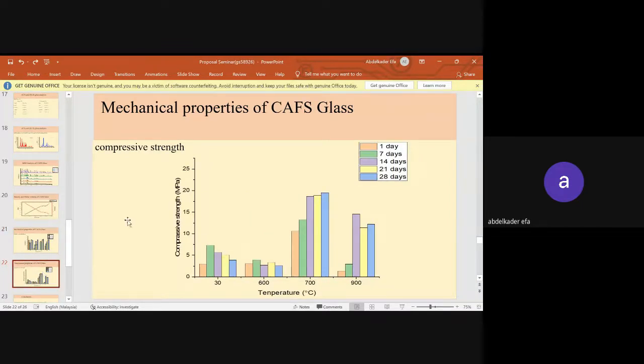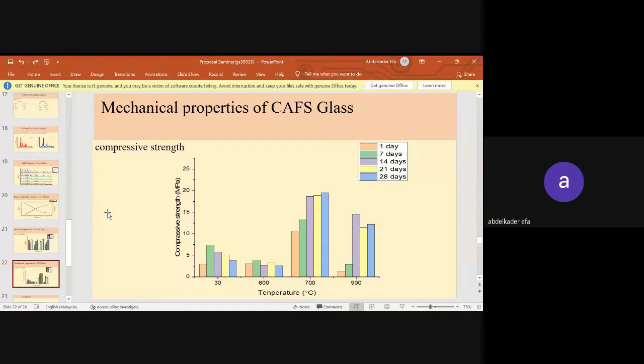For compressive strength, this figure presents the compressive strength test for GIC throughout various aging times and sintering temperatures. The compressive strength value of GIC shows an increasing trend from lower temperature until 700 degrees Celsius.